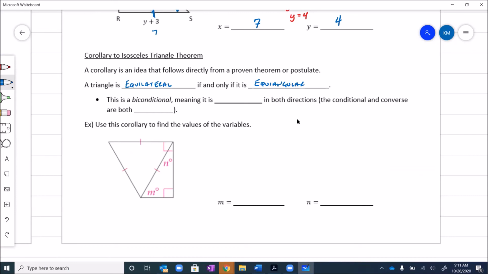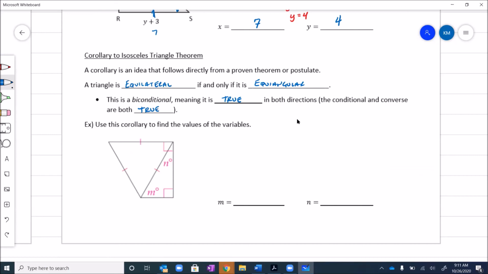Okay, so as we talked about isosceles triangles having two sides that are exactly the same, having two angles that are exactly the same, what follows from that is if we have three angles that are the same, then we have to have three sides that are the same. If we have three sides that are the same, then we have to have three angles that are the same as well. And those are equilateral, equal sides, and equiangular, equal angles. Okay, this is a biconditional, meaning it is true in both directions. You remember that from the second chapter. Okay, the conditional and the converse are both true.